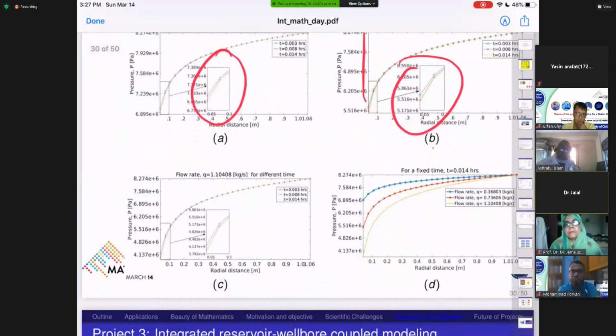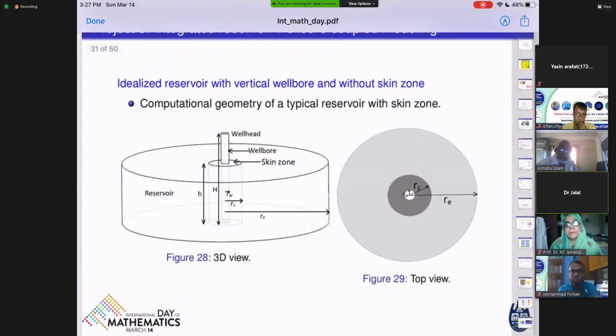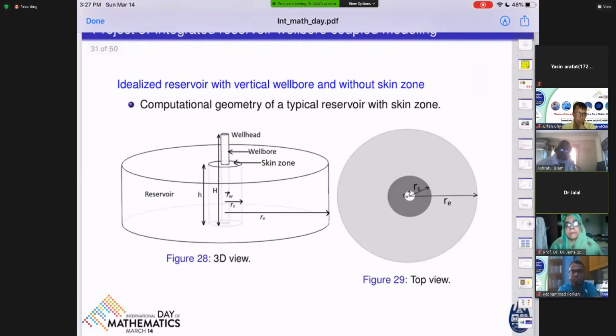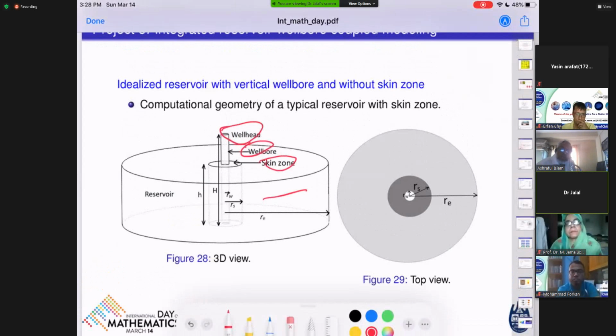Now the next project that I mentioned: we have the oil production area, the oil bore, and stone, and then the reservoir area. That means the undamaged zone. So this is one zone, this is one zone, and this is another zone.